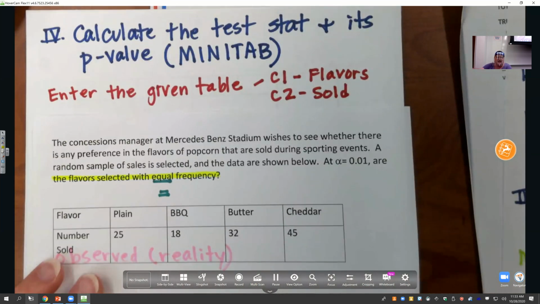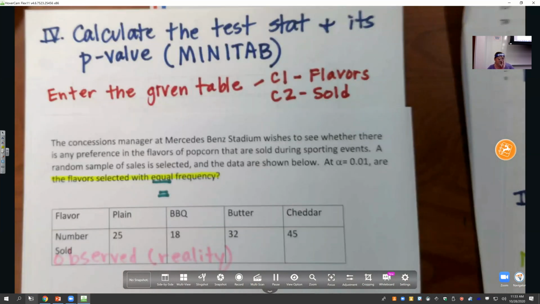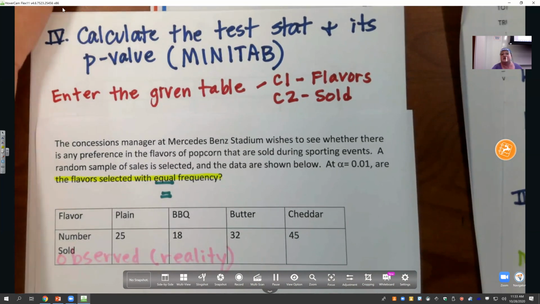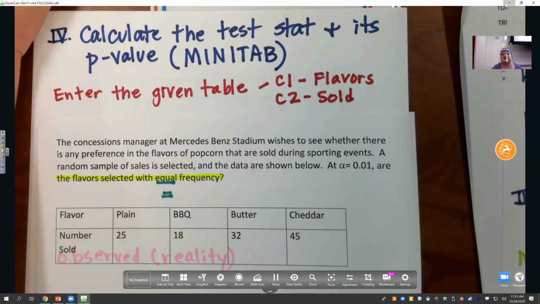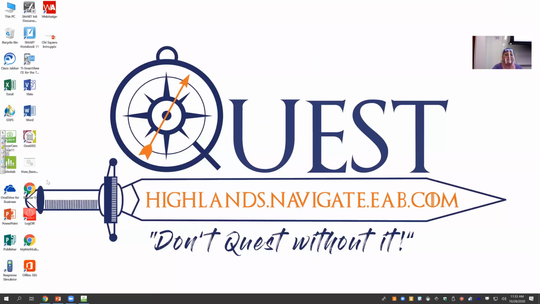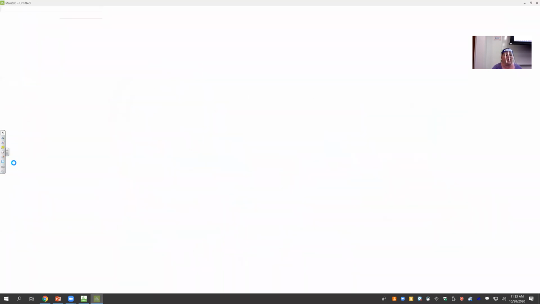That's the data. Okay, just like entering your raw data, but you have to enter that table of information. So I want to go out to Minitab and do that first. Got to open up Minitab for us. Now, if you already have data in column 1 and column 2, okay, you can use any two columns. I would put them side by side.